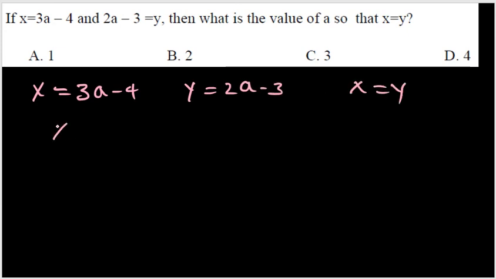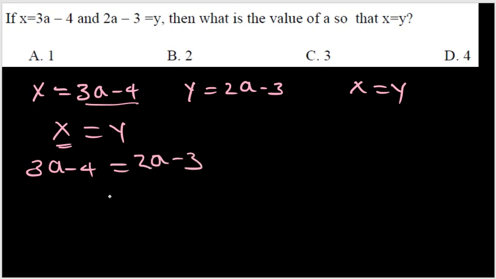Next question. X is equal to 3a minus 4 and y is equal to 2a minus 3. And then what is the value of a when x is equal to y? X is equal to y means, in place of x, bring 3a minus 4, which is equal to, in place of y, bring 2a minus 3, and then reshuffle.